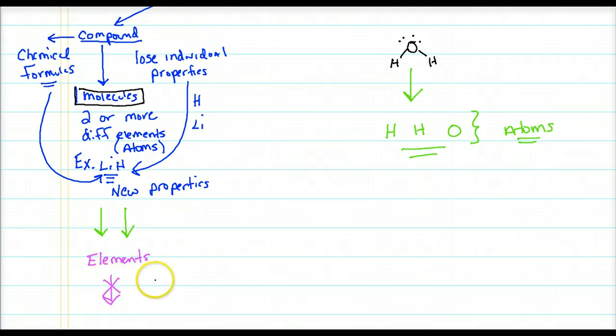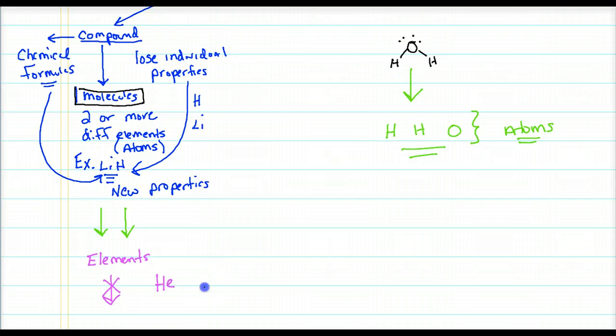Which means if I write helium, which was one of our elements in the periodic table that I just showed you, nothing can break helium down because it's already atoms with, you guessed it, 4 protons. I'm sorry, 2 protons, because helium, if you look in the periodic table, has a 4 above and a 2. That big 2 means 2 protons, and we'll talk more about those differences in atomic structure.